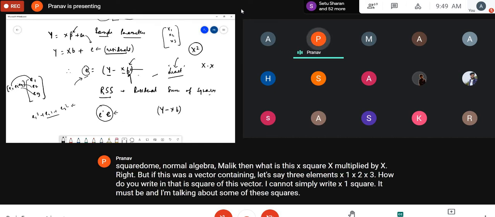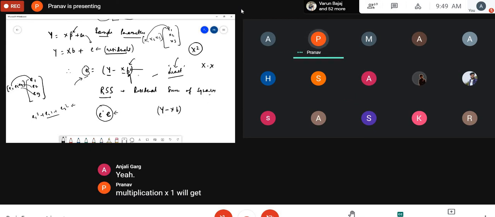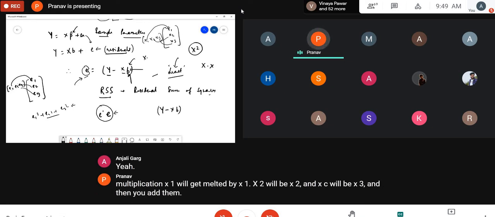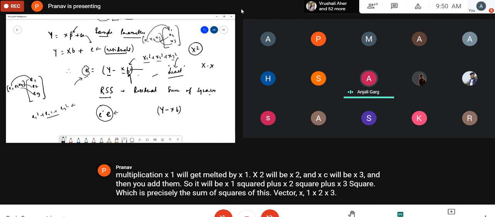So in order to obtain this sum of squares, I pre-multiply this vector by its transpose. Now, if you carry out this multiplication, x1 will get multiplied by x1, x2 by x2, and x3 by x3, and then you add them. So it will be x1 square plus x2 square plus x3 square, which is precisely the sum of squares of this vector x1, x2, x3. Yes, sir, got it. Thank you.